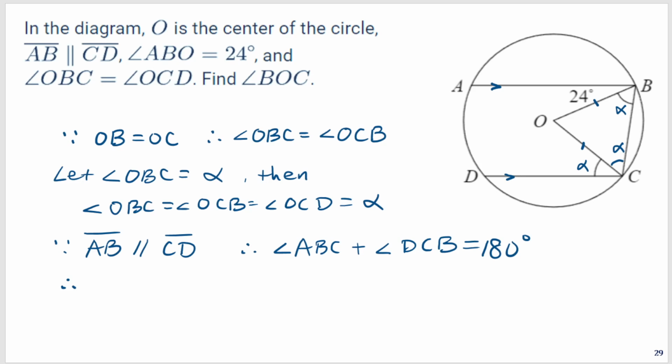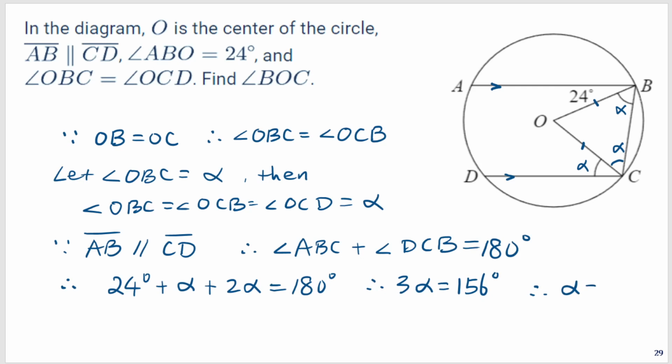Therefore, we know angle ABC is 24 degrees plus alpha. Angle DCB is just 2 alpha, right? Equals 180 degrees. Therefore, we know 3 alpha equals 156 degrees. Therefore, alpha is 52 degrees, right?